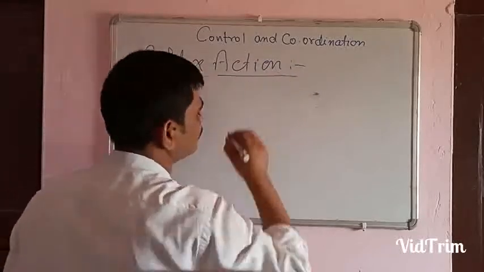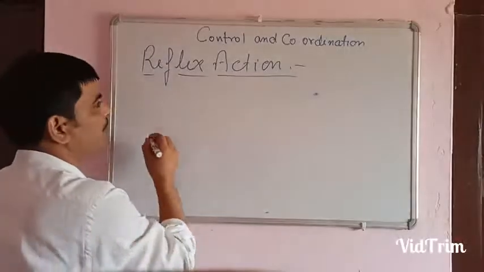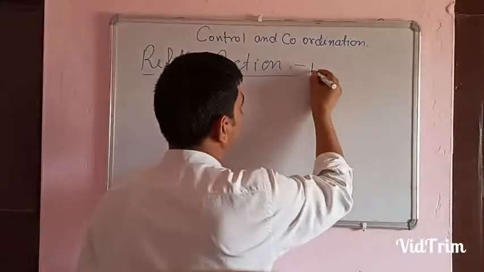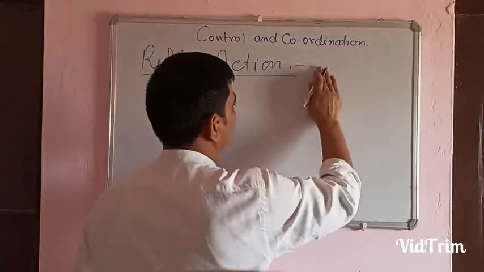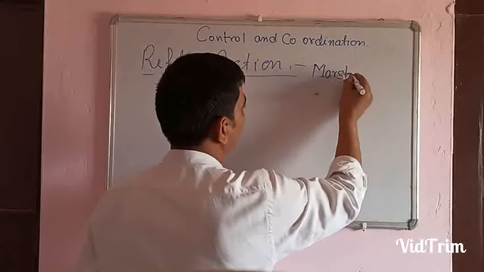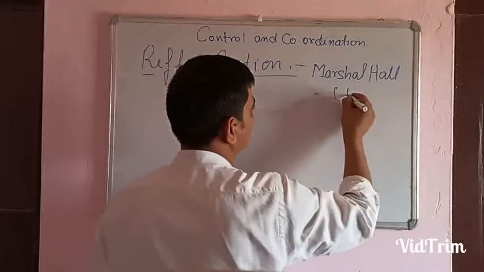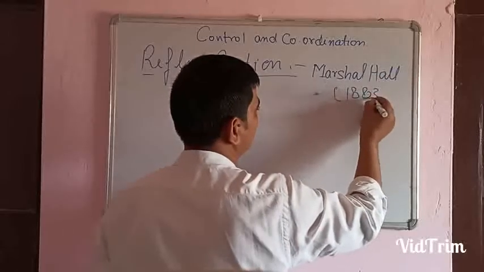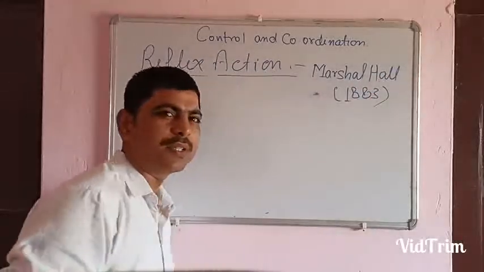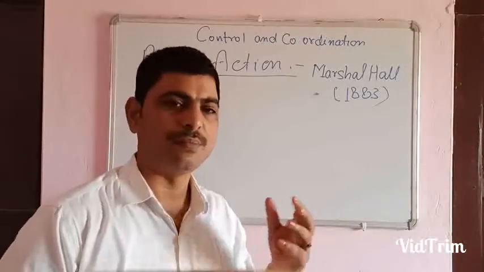Dear students, reflex action was first discovered by Marshall Hall, not Henry Hall, in the year 1883. As you know, it is a discovery, not an invention, because it was present in the body since the beginning.